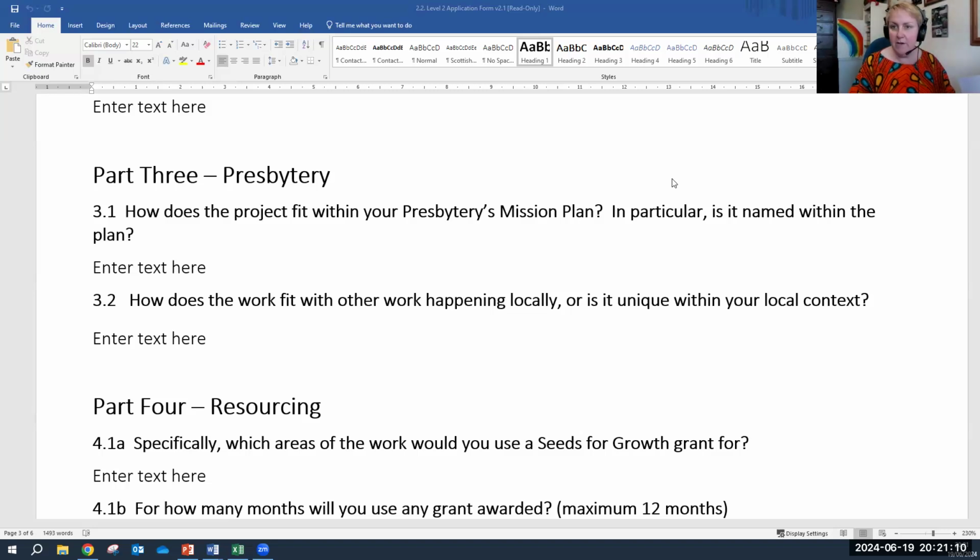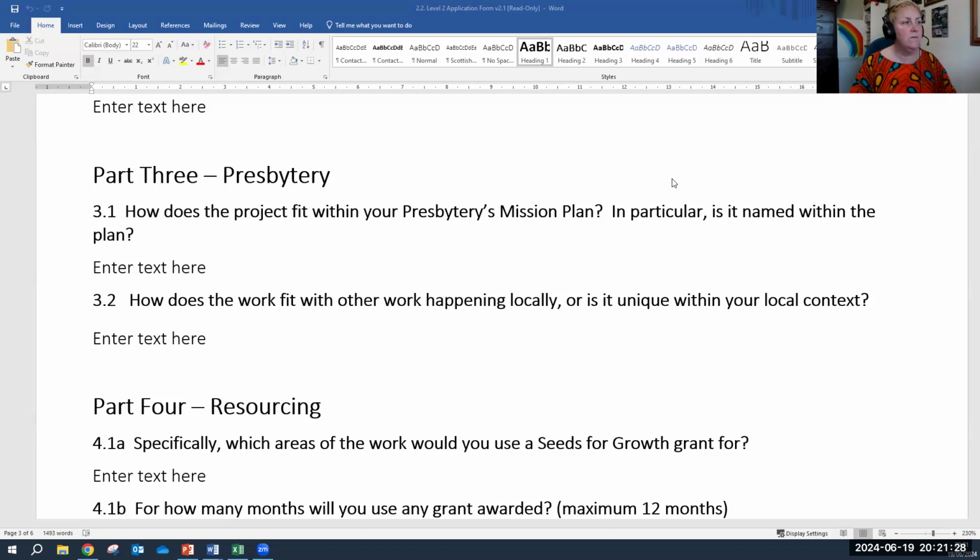That's absolutely fine. If you've had a conversation with somebody at presbytery, if you can just tell us about that. We just need to know that the presbytery has given support to your project. But if you're not named in the plan, that's okay. We just need to know whether or not you are.